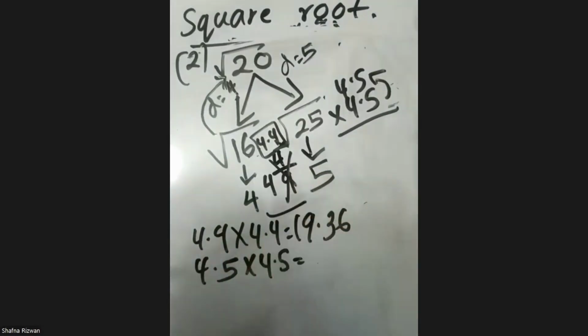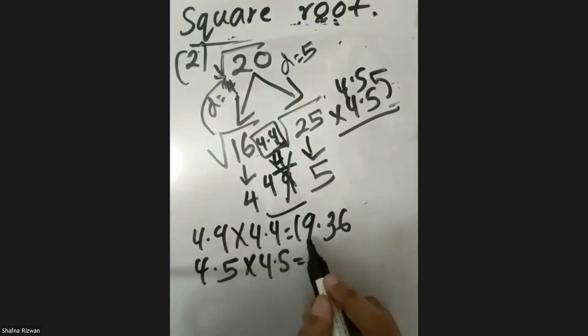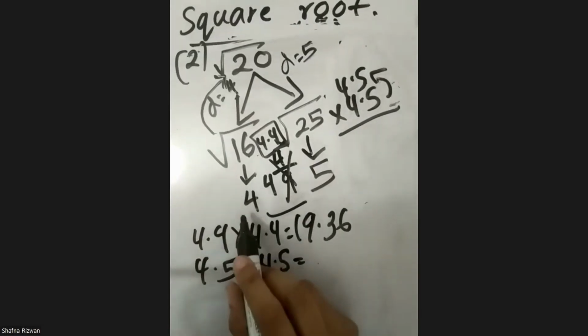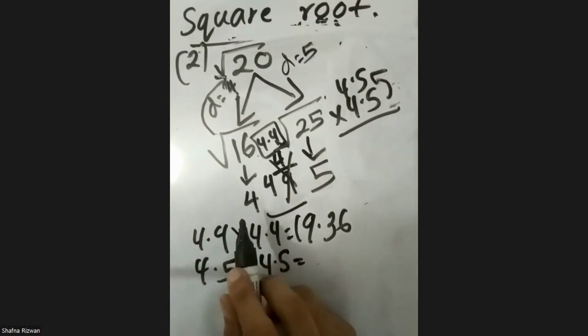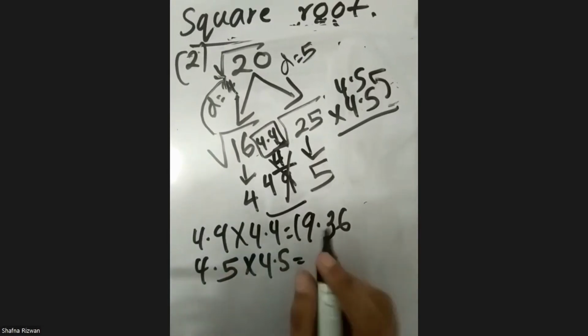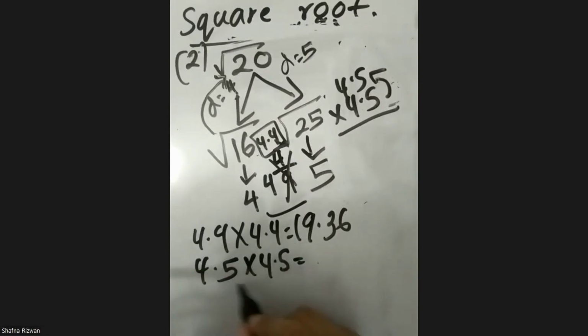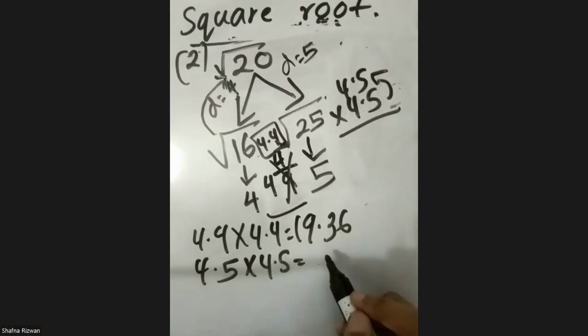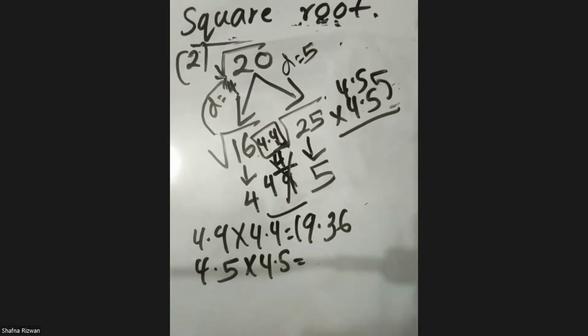But what I'm going to do here is, if you take this, you are getting 19. If I go to 4.3, I will get something less than that, around 18. If I go to 4.5, 4.6, I will get around 20. Did you understand? So that's what I am doing. I will get around 20.